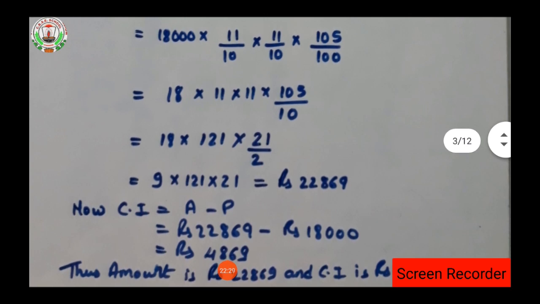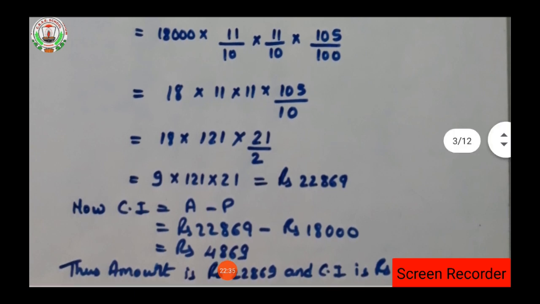We have to calculate the compound interest. In order to calculate the compound interest, what is the formula? Amount minus principal, where amount is written as A and principal is written as P. So CI, that means compound interest, is equal to amount minus P. What is the value of the amount we are having?